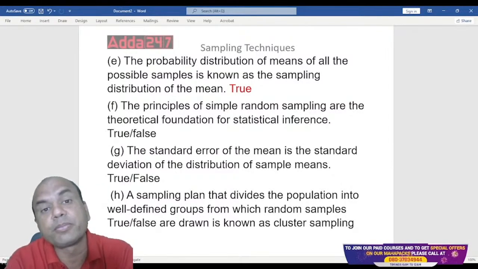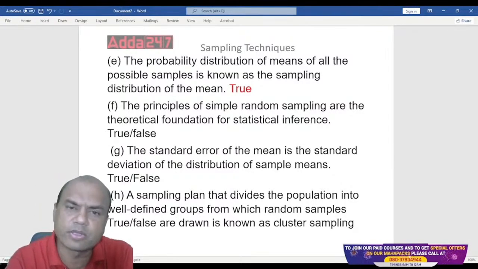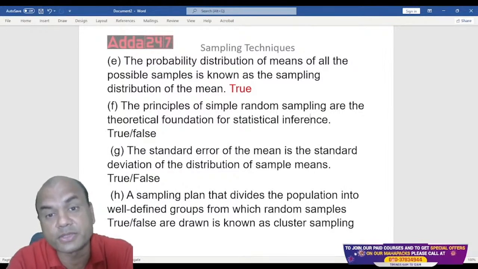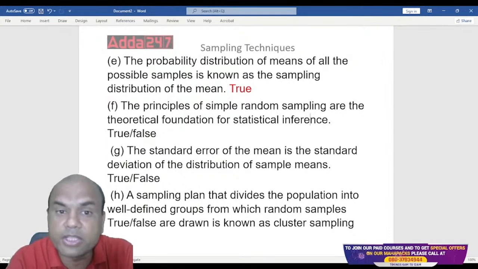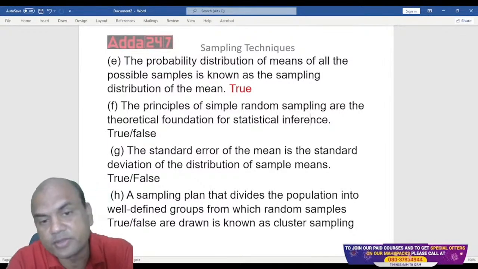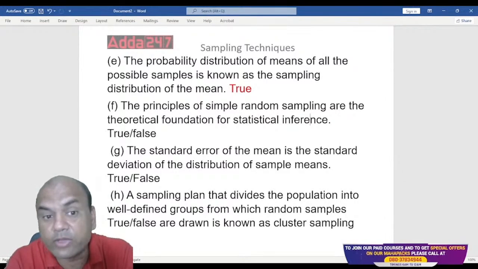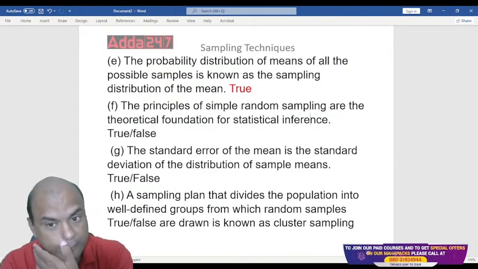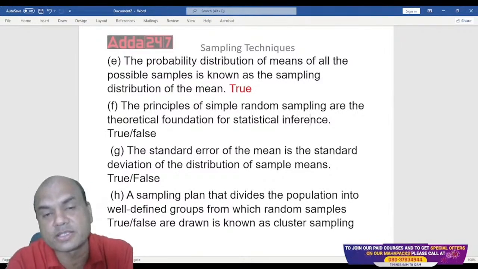So which one is the base of any sampling technique or base of statistics? Among these four, which one is considered the base? That will answer this question also.